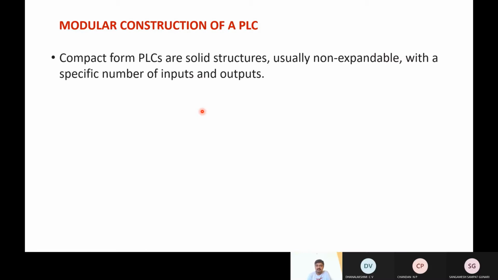So for smaller, limited applications, like your project work, you can go for compact form PLCs. But for complicated applications, where there are more inputs and outputs, or if the requirement goes on changing, for a few applications 8 inputs or outputs may be sufficient, for a few it may be 16, for a few it may be 32, then you can go for modular construction.